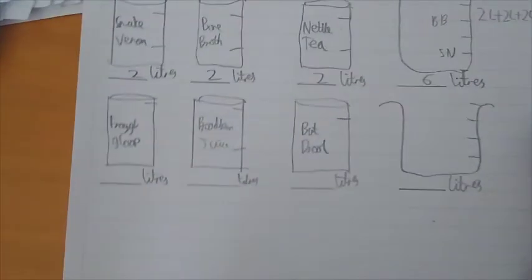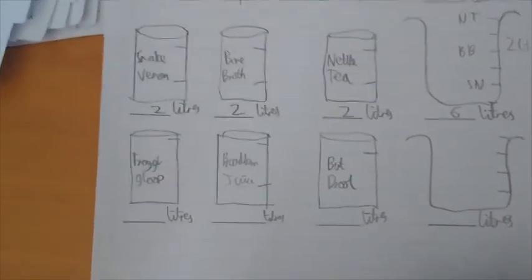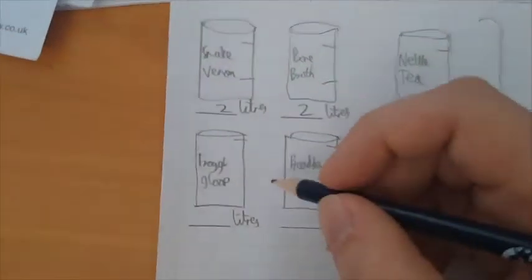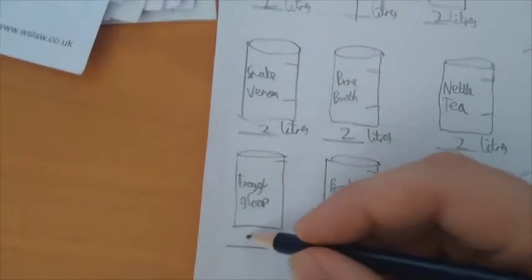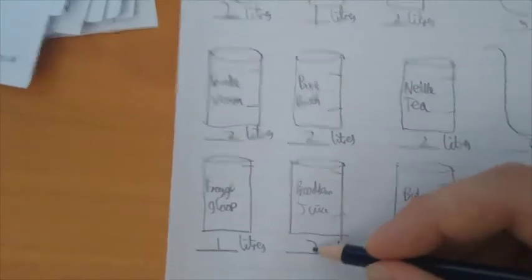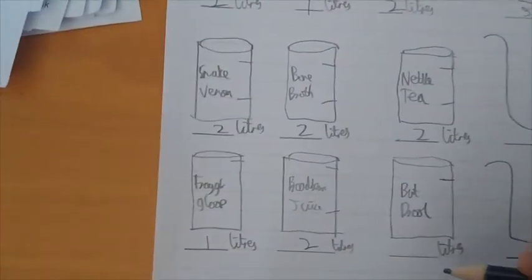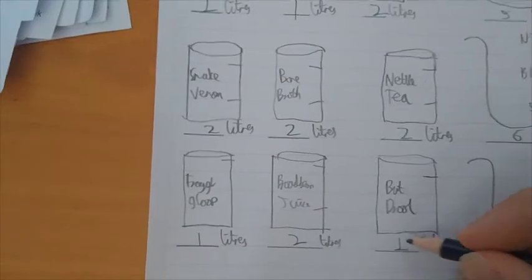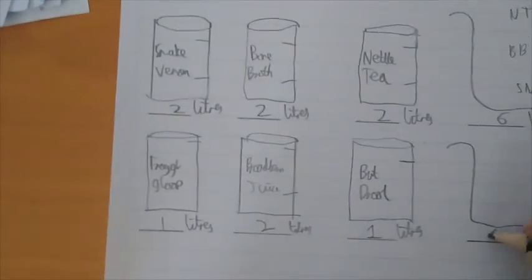Let's move on to our third potion. For this, we only have 1 litre of frog gloop, 2 litres of broad bean juice, and then 1 litre of bat drool. I don't think that's associated with Batman at all. So we have 4 litres in the cauldron.